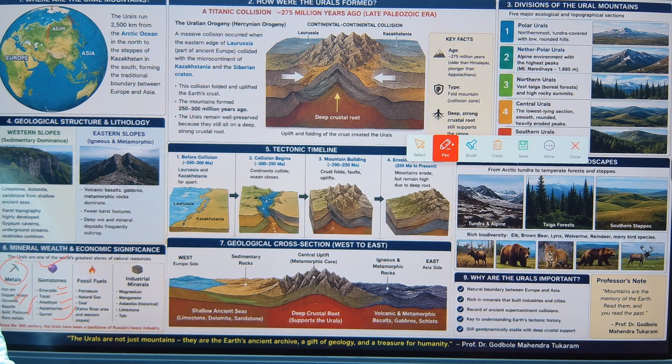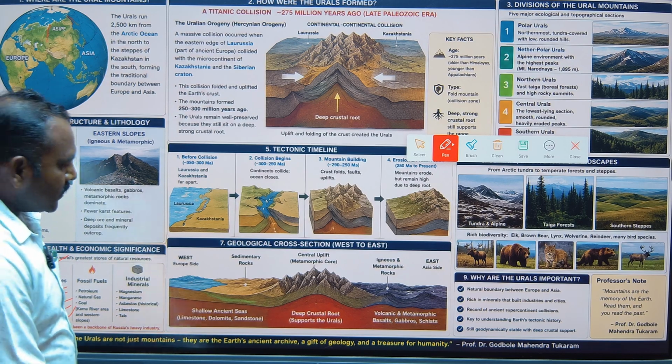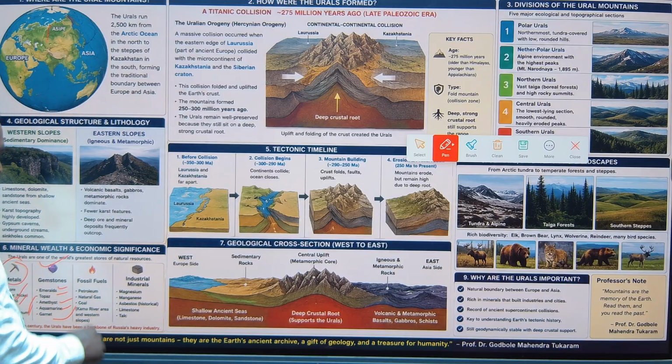Fossil fuels are very important for industrial development, and since the 18th century, the different minerals have been heavily exploited. In the case of fossil fuels, petroleum, natural gas, and coal are in the Kama River area and the western slopes.